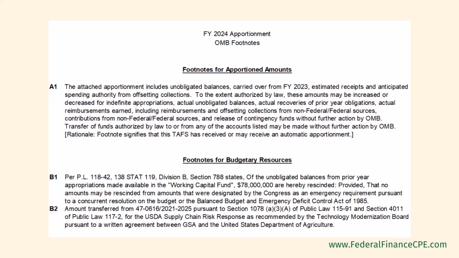This explains why we see a negative 78 million in the B1 line. Congress took back funds that hadn't been spent yet, but protected any emergency designated funds from the rescission.